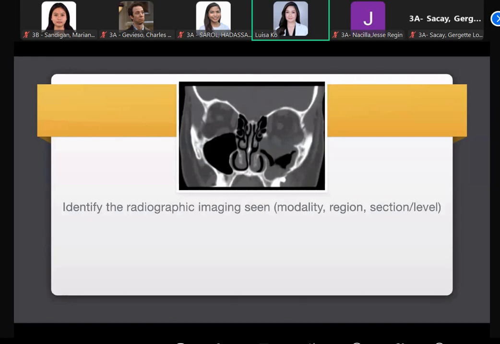So would you say this is a plain CT scan or is this with contrast? That was Jessie, no? Yes, Doc. Non-contrast. Okay, good.